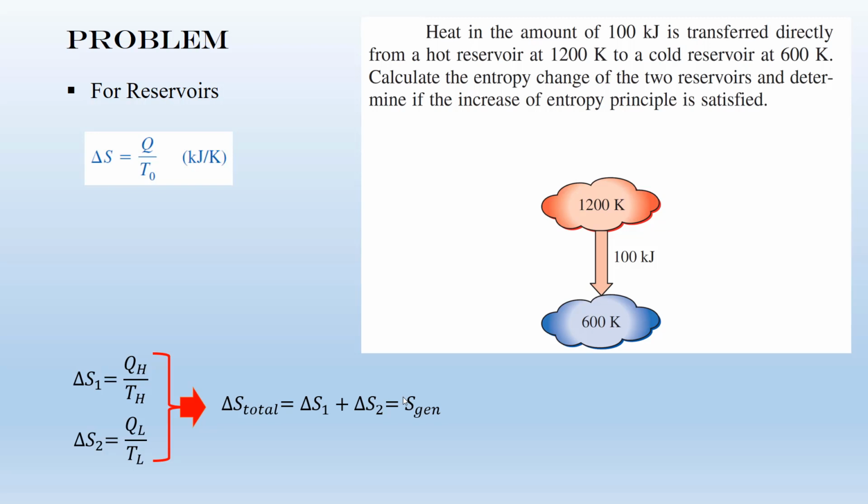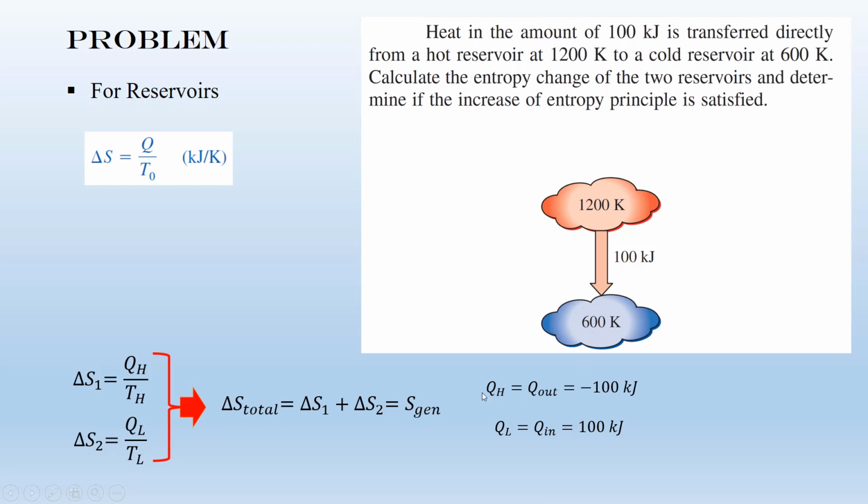Okay, before you calculate the total delta S, keep in your mind, guys, that the QH is Q out, correct, from this reservoir. So it's a negative value, negative 100 kilojoule. And then the QL is Q in. So this is the positive value, 100 kilojoule.